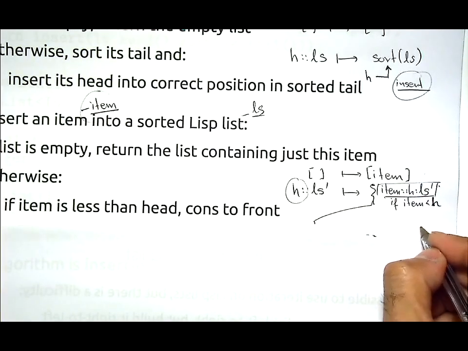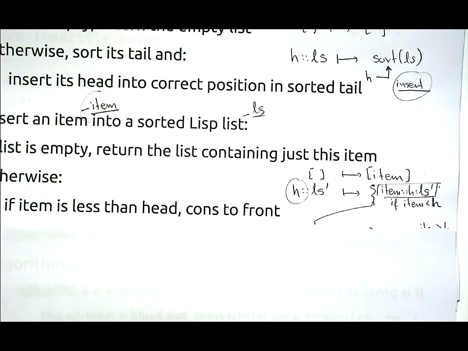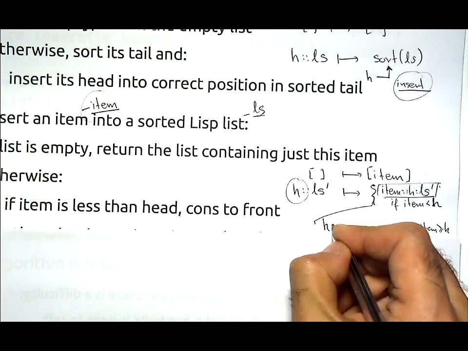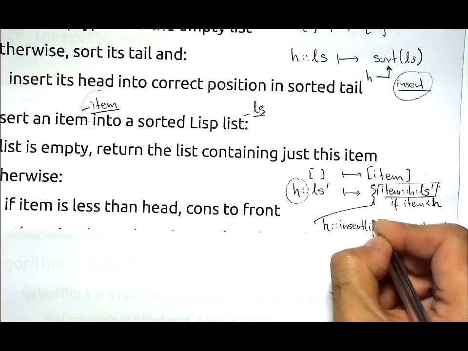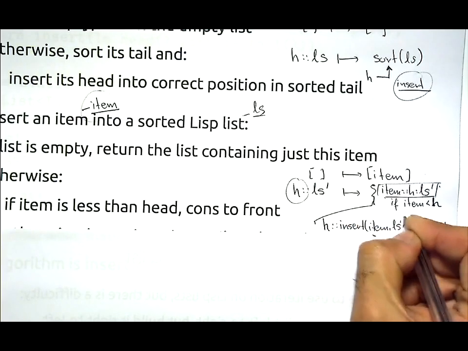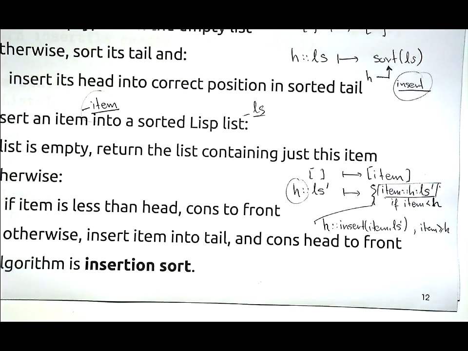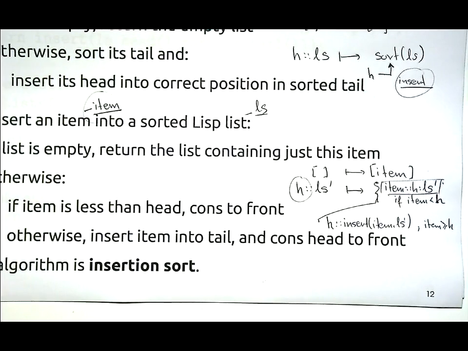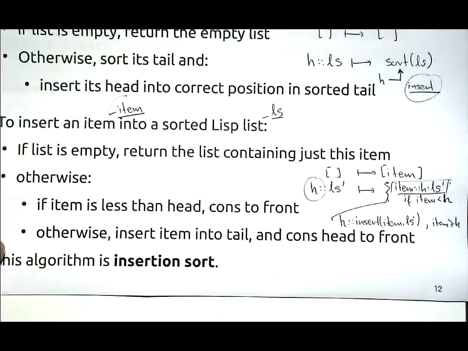Otherwise, if item is greater or equal than the head, I return the head, and then whatever you get by inserting item into the rest of the list. So this algorithm you might have seen before. Well, it's nothing more than insertion sort.